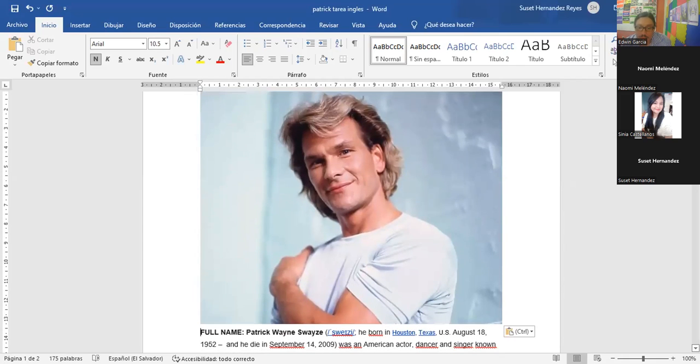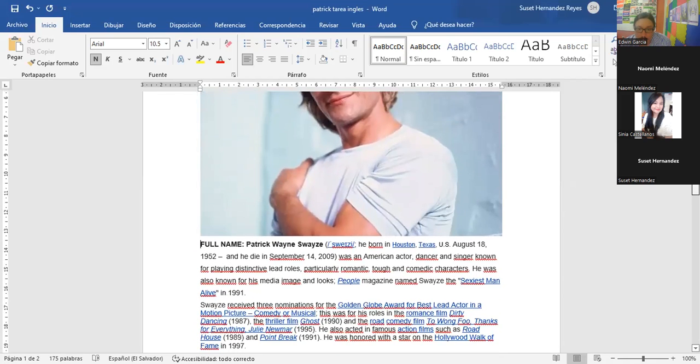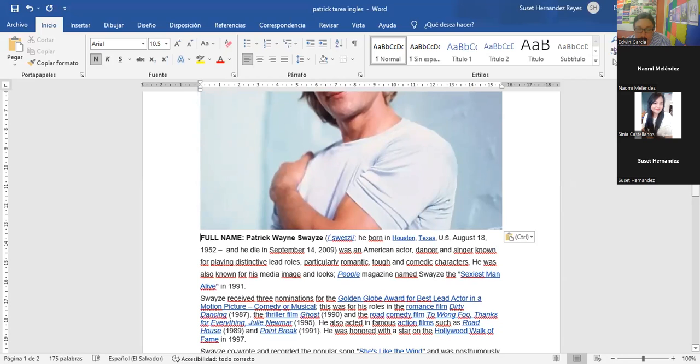I will talk about Patrick Swayze. Patrick Wayne Swayze, this is his full name. He was born in Houston, Texas, in the United States on August 18, 1952, and he died on September 14, 2009.